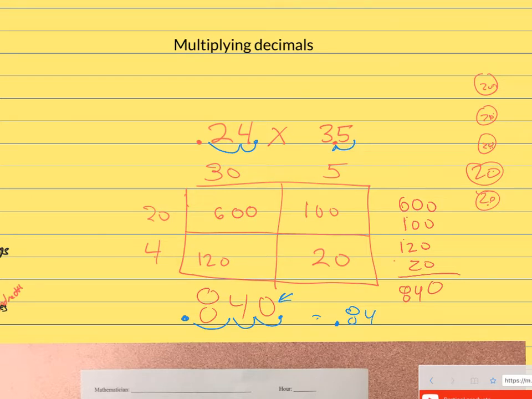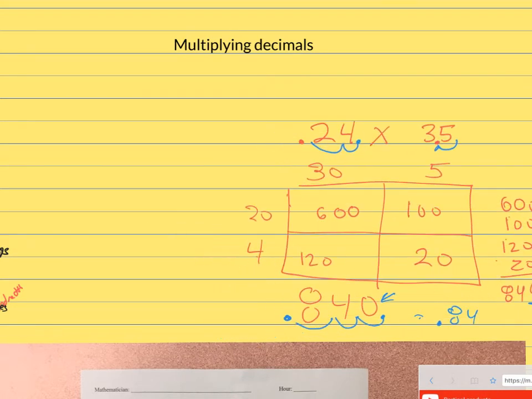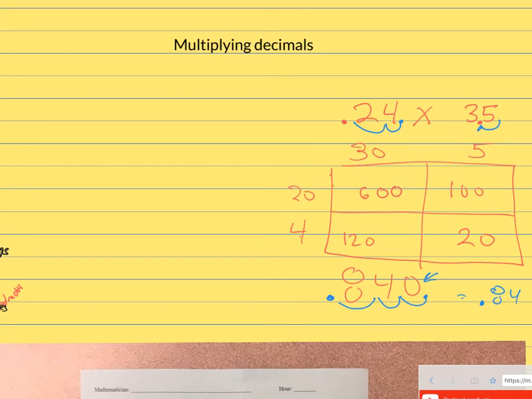All right, now I'm also going to show you the way that a lot of parents might know, and this is totally okay to do it this way right now. So we're just going to leave this here, and we're going to look at the way that maybe your mom and dad do it. So we're going to just do 35 times 24, and we're going to ignore the decimals right now because those we can add later.